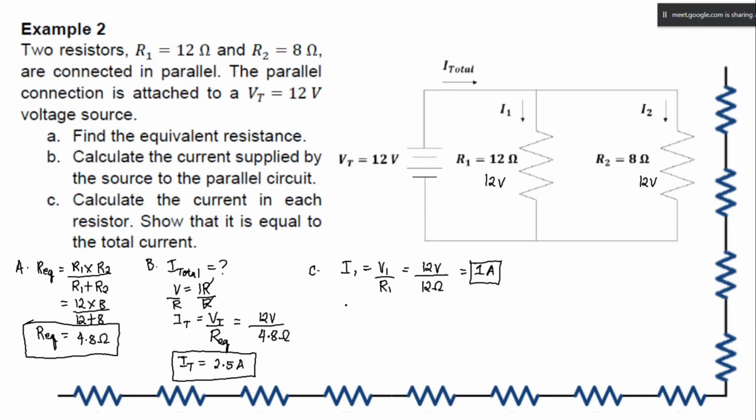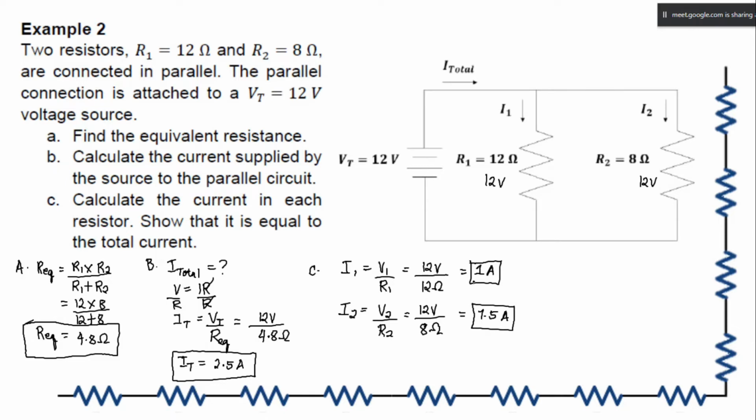For our I sub 2 naman, so formula is V sub 2 over R sub 2. So V sub 2, that is 12 volts again, and R sub 2, that is 8 ohms. 12 divided by 8, that is 1.5 amperes. And this is the final answer.